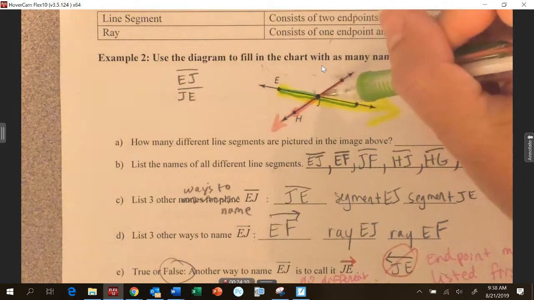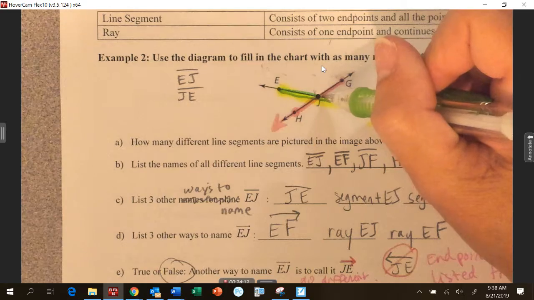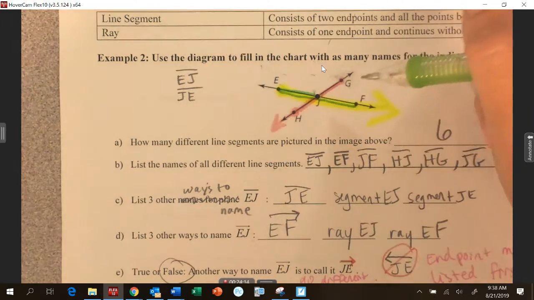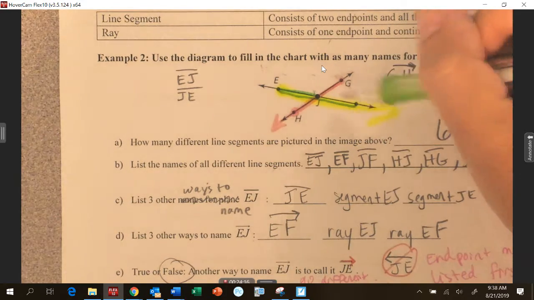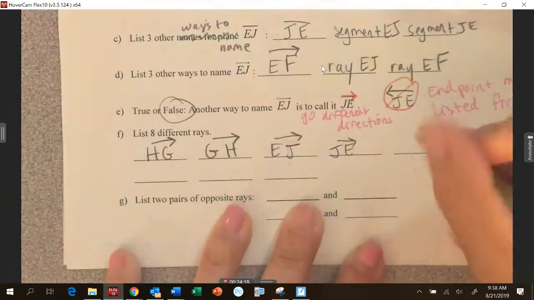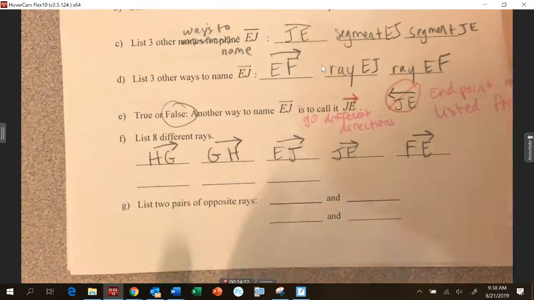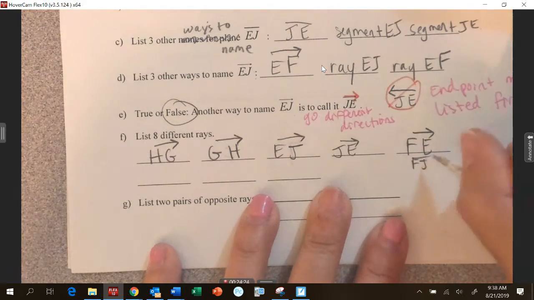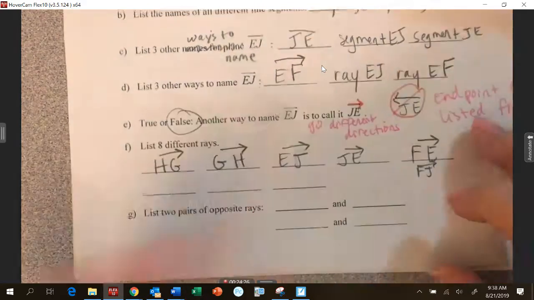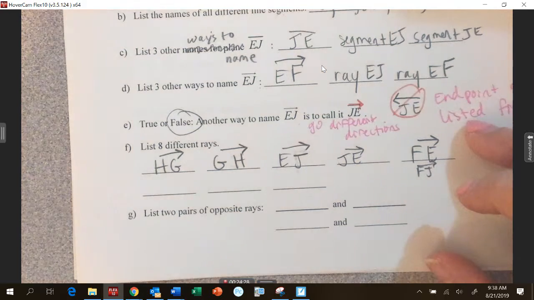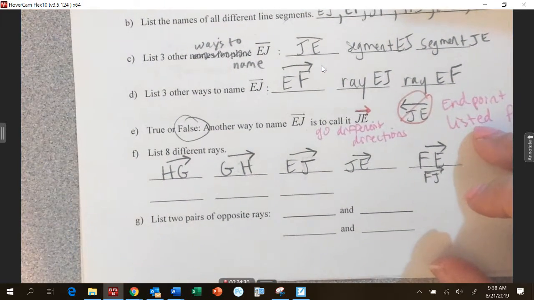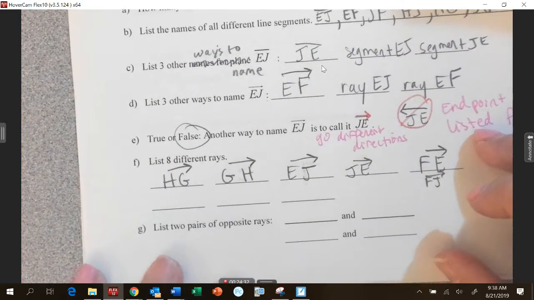Tiffany? F-E is a different one. Or you could have said F-J. F-J would be the same thing. Somebody else said one over here. Maya, you got one?